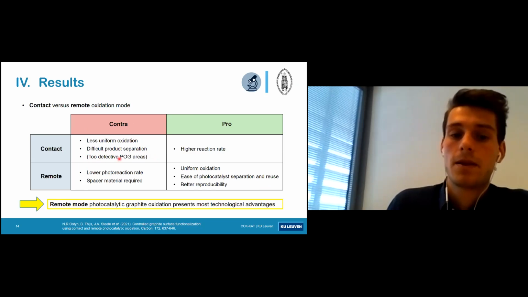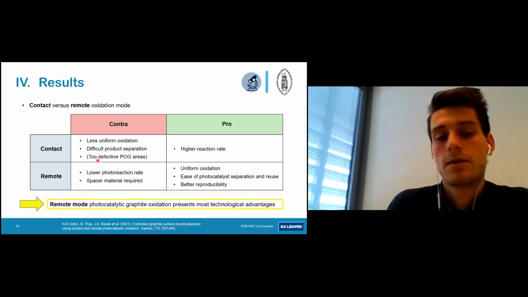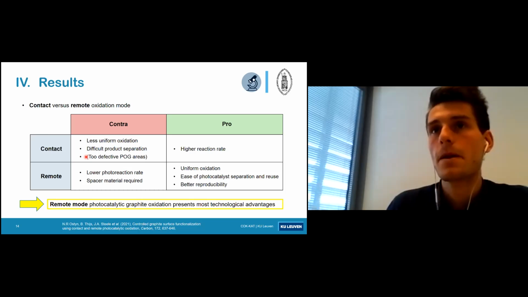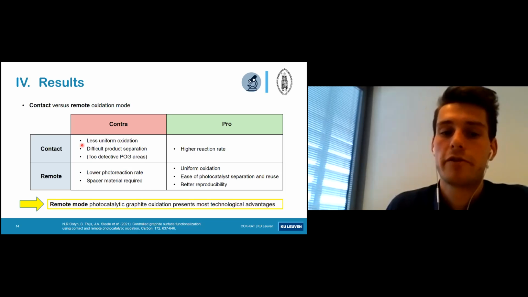Sometimes it also generates too defective POG areas, but it's between brackets because that depends on which starting material you use. For example, natural graphite is less oxidation resistant. It's actually easier to oxidize than synthetic graphite like HOPG, which is a bit more refractory.